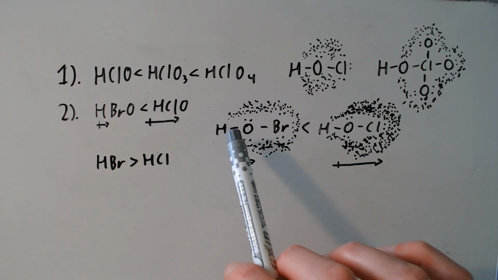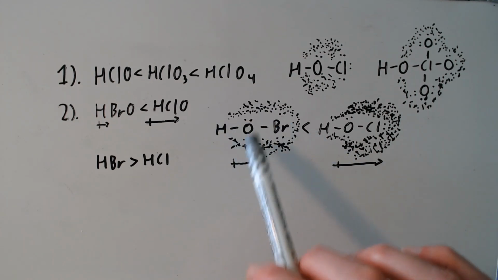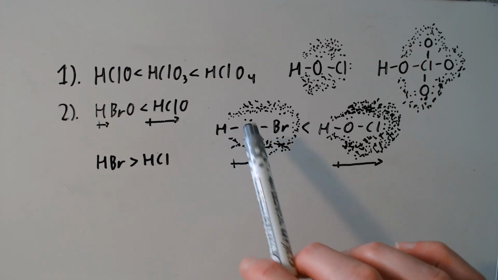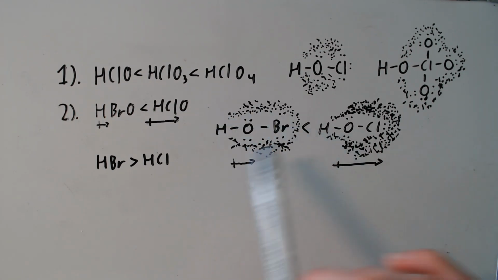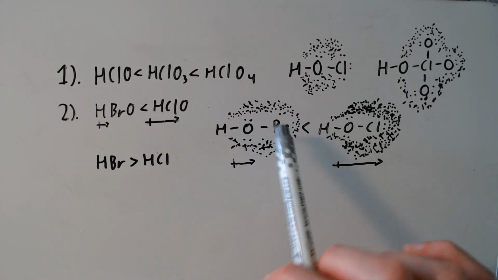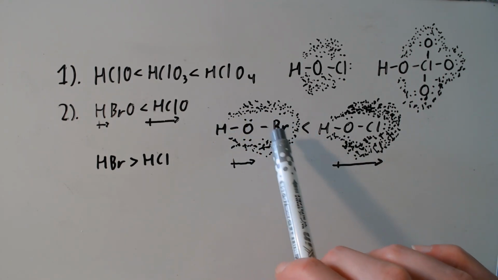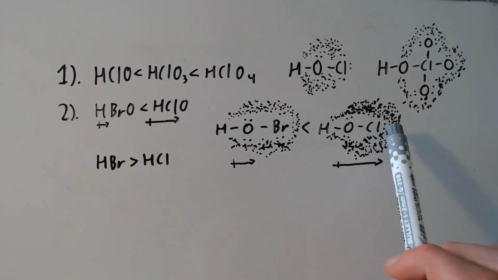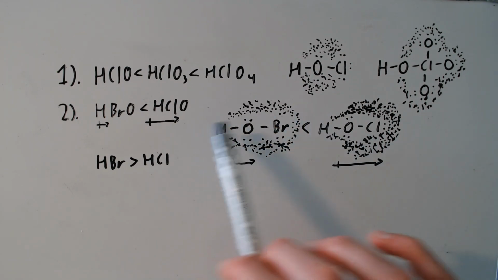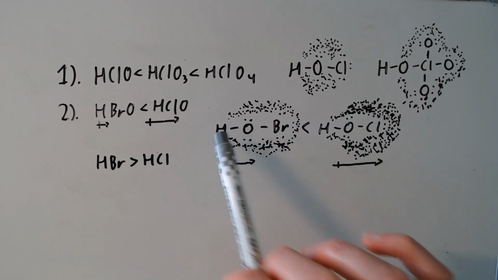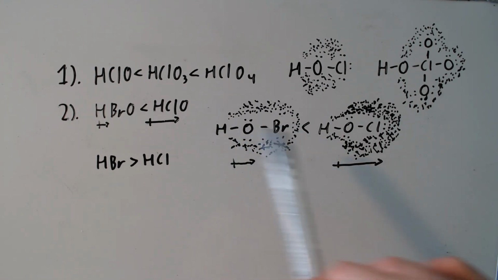Instead, because of this distance that's created by this in-between O atom, only the polarity matters, the change in polarity, because the effects of the bond strength between Br and H are not so strong because obviously they're not bonded directly to each other. Instead, in this case the Cl can only influence the polarity of this molecule and not really the bond strength between H and O, because it is not directly bonded.